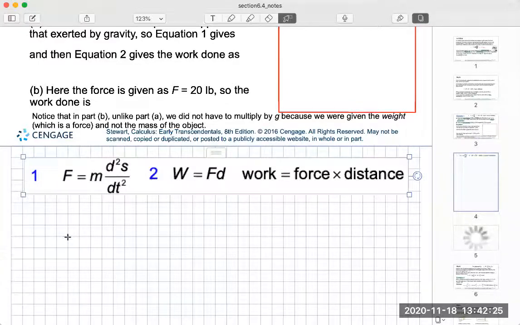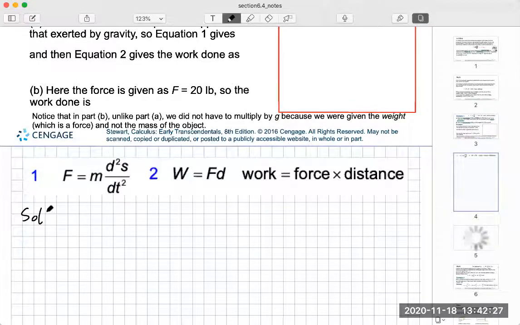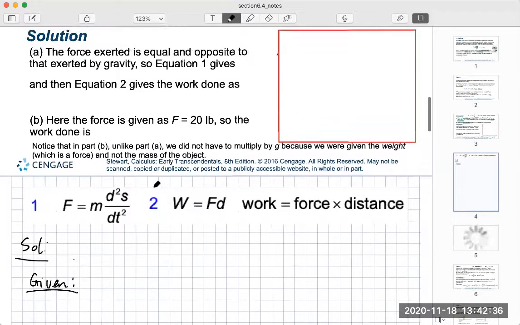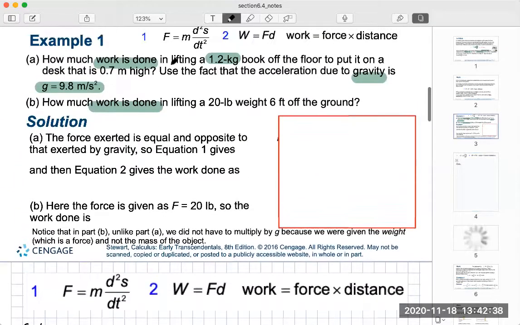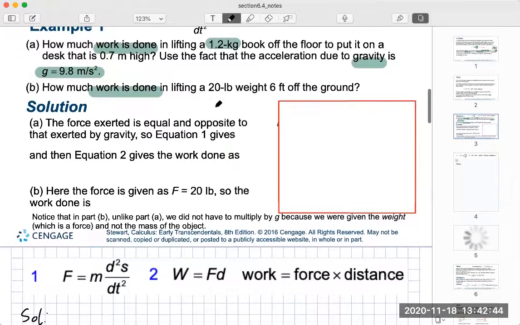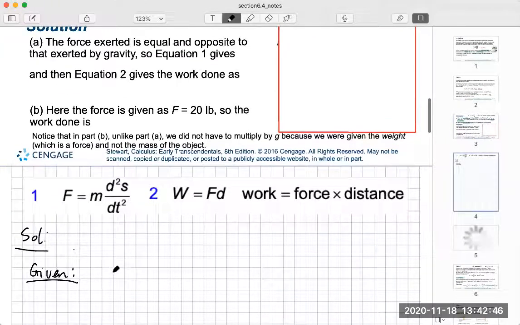When we write all the things given, first, the book is 1.2 kg, which means we are given that m is 1.2 kg.